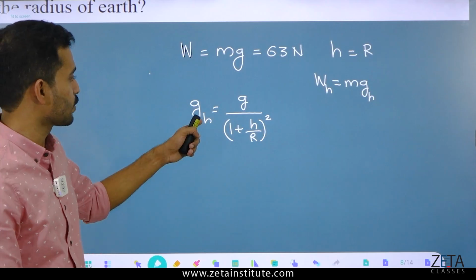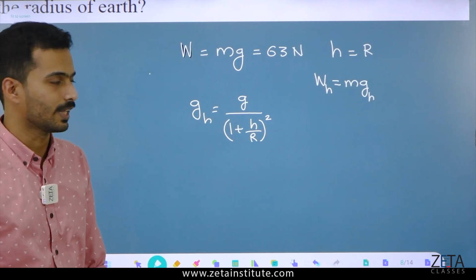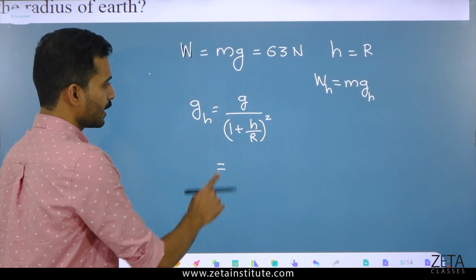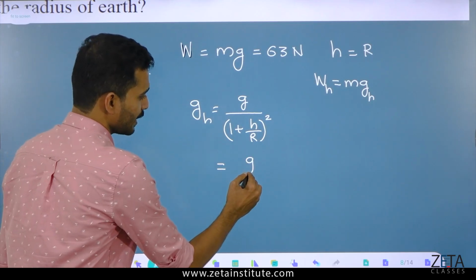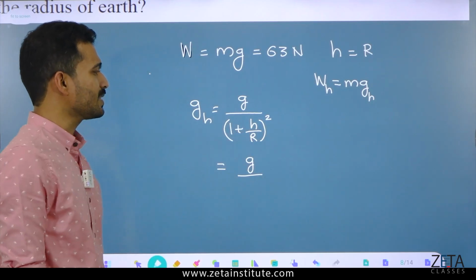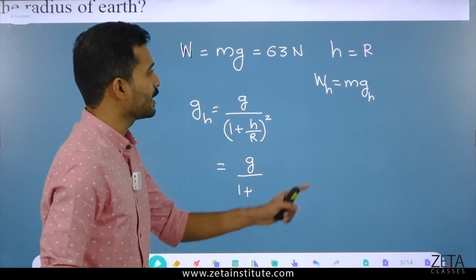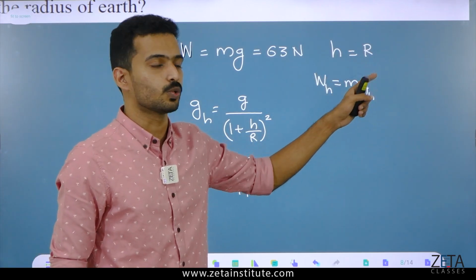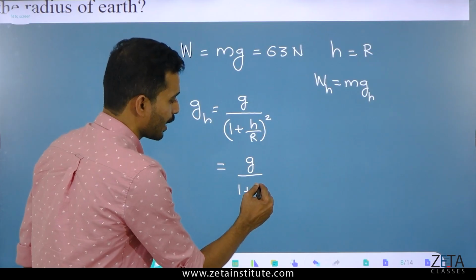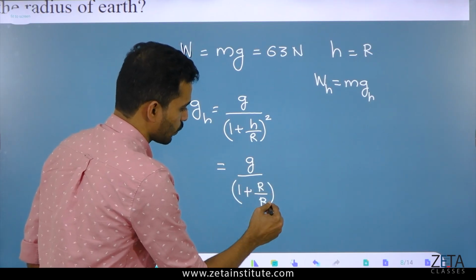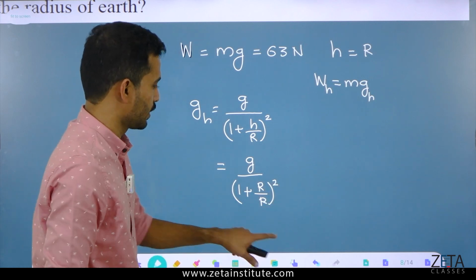So first of all, we calculate the value of acceleration due to gravity. gh is equal to g divided by (1 plus h by r) all squared. It's already given in the question that h is equal to r, so we can take r by r.